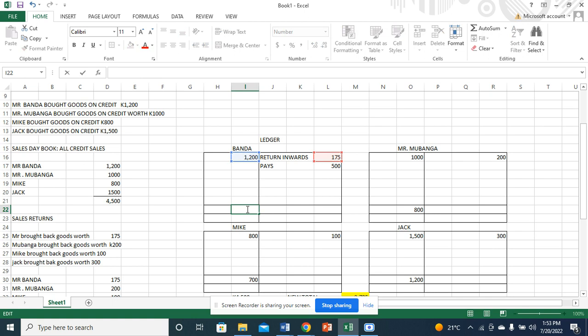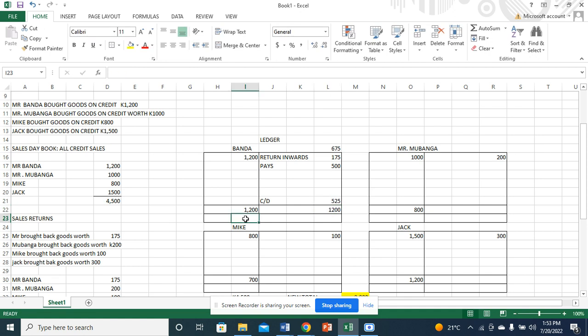You say 1,200 here. You see which one is higher between debit or credit: the debit side. Balance carried down. Let's total up here: 175 plus 500, 675. So we say 1,200 minus 675.